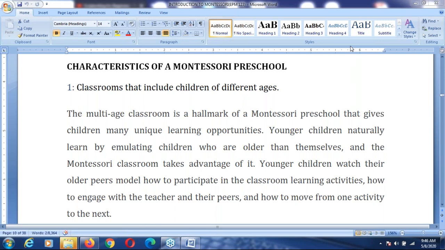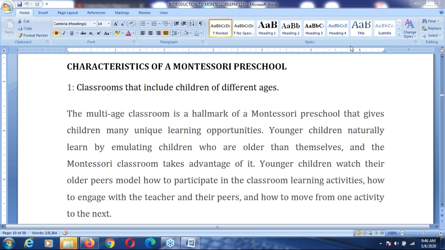Number 7, an atmosphere of mutual respect. The teachers respect each child by giving each child an opportunity to explore the material of his or her own choice.